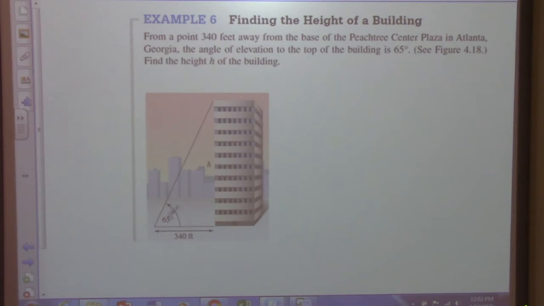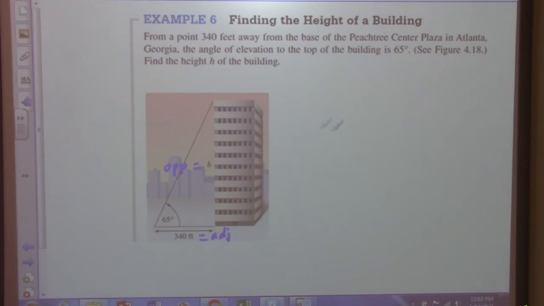What happens is we have the height, and we have this side here, this 340, which is our adjacent side, and then h is our opposite side.